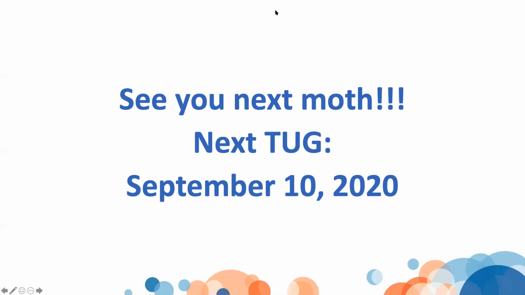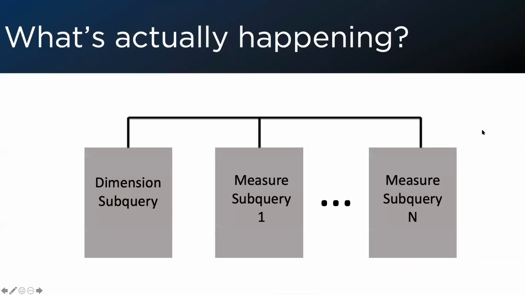Let me share my screen again. You should be able to see this beautiful diagram I created in PowerPoint. Whenever we create relationships or use the relationships data model, Tableau is sending subqueries. It sends a dimension subquery first to grab all of the dimensions that are in the view.